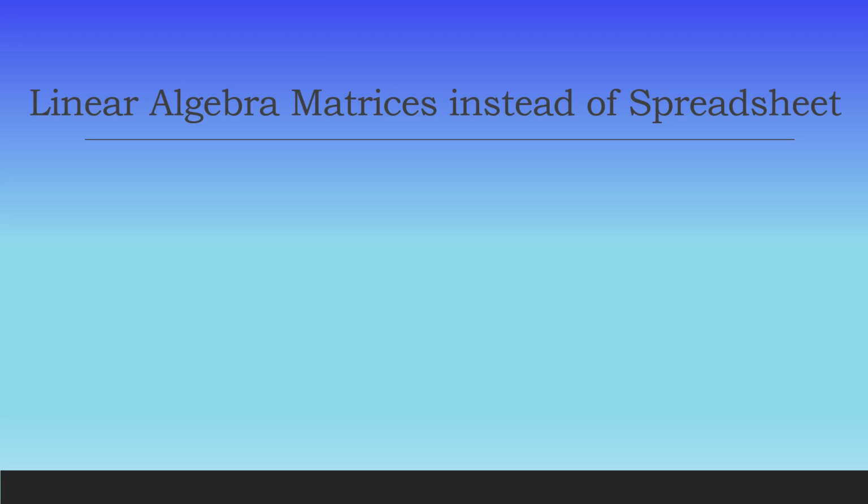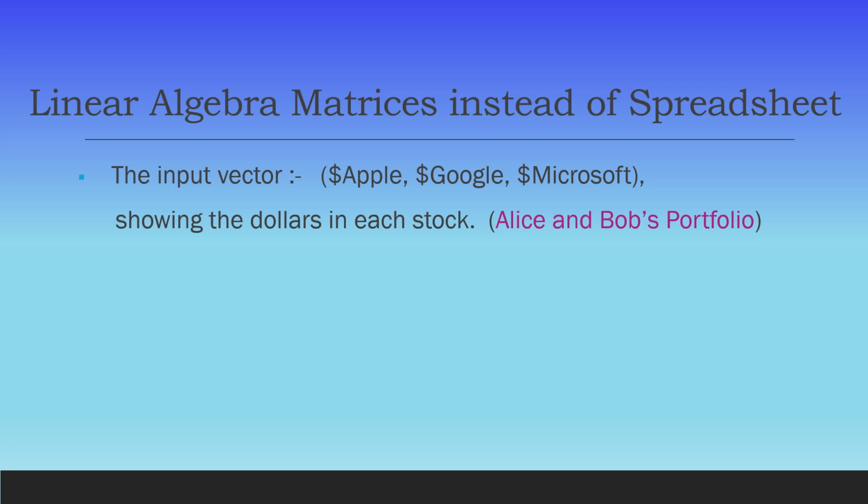So in order to get the profit or loss output value, let us make use of linear algebra matrices instead of the spreadsheet. First I need the input vector. The input vector is the dollar amount in Apple, Google, and Microsoft stock.